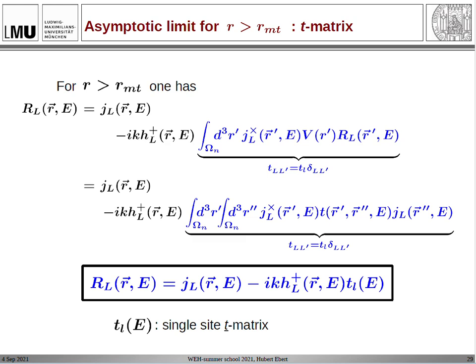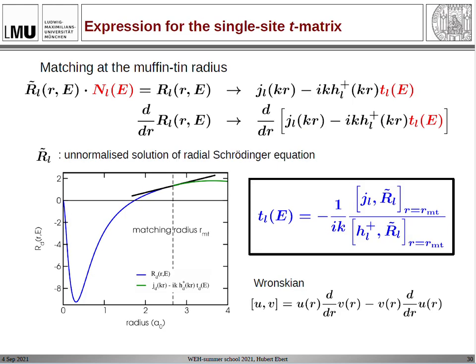And this is easy to get because we know that the solution outside is that superposition of known spherical functions. We know the function inside apart from the normalization. So this has to match exactly, of course, concerning the amplitude here at the muffin-tin radius, but also the slope of these functions has to match.